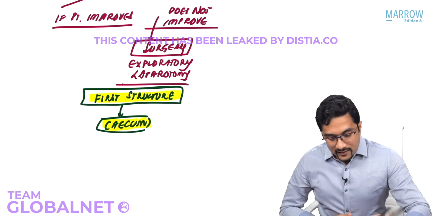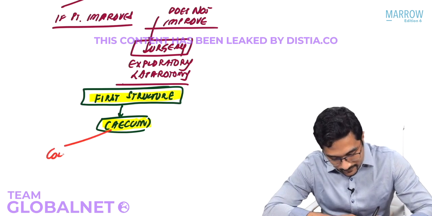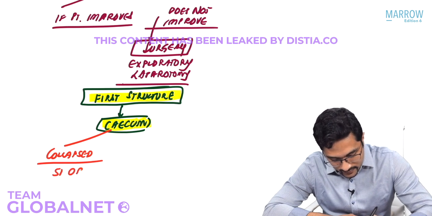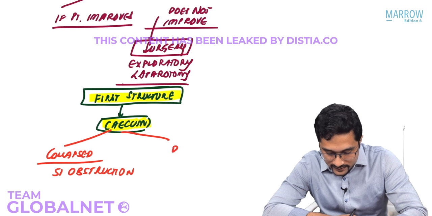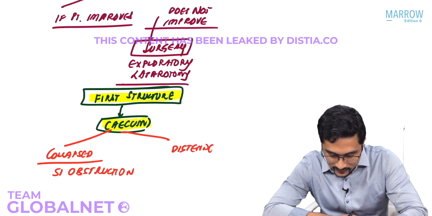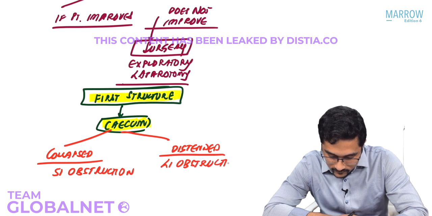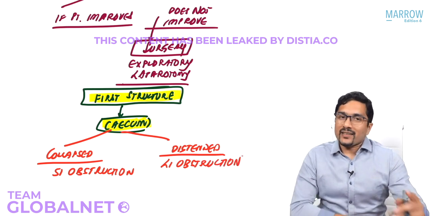Now, if the cecum is collapsed, then it is small intestinal obstruction. But if the cecum is distended, I know it is a large intestinal obstruction. Right? That is why we look at the cecum first.